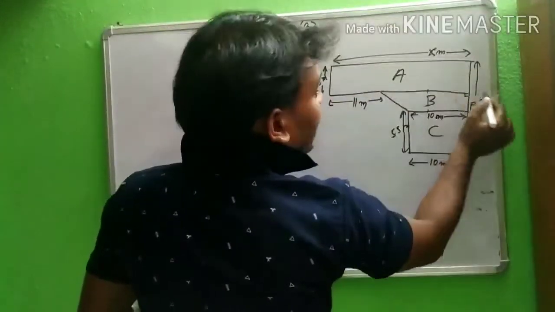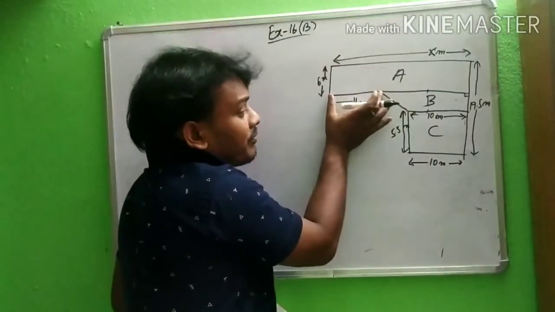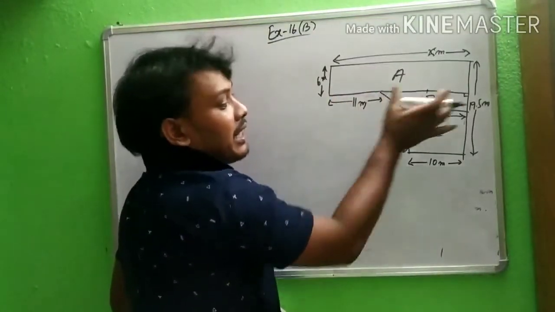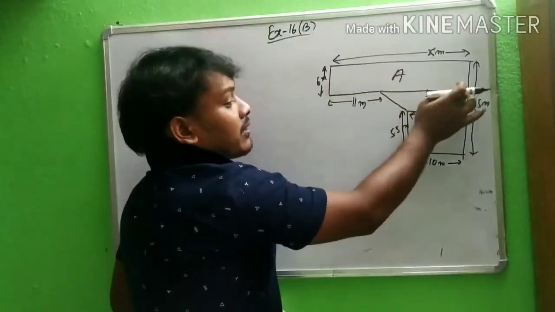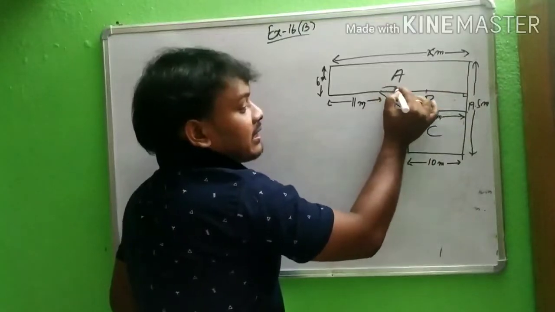Total length is 25 centimeter, and the value of this one is 11 centimeter. If we subtract 11 centimeter from the total, this length is left.